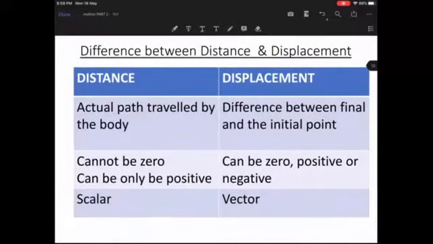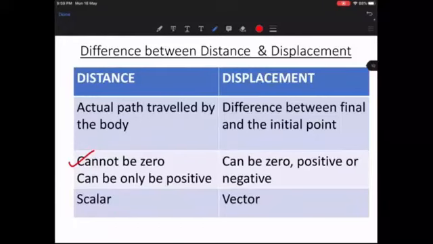It says that distance cannot be 0. Why can't the distance be 0? Because if a body is traveling, the distance can never be 0. It has to be something, whether less or more, if the body is traveling. And because a body is traveling, the distance is always positive. It can never be negative.